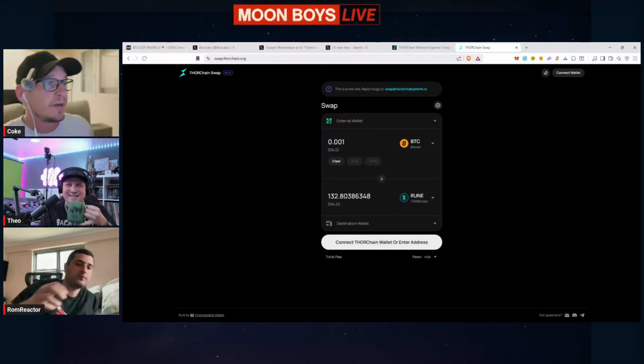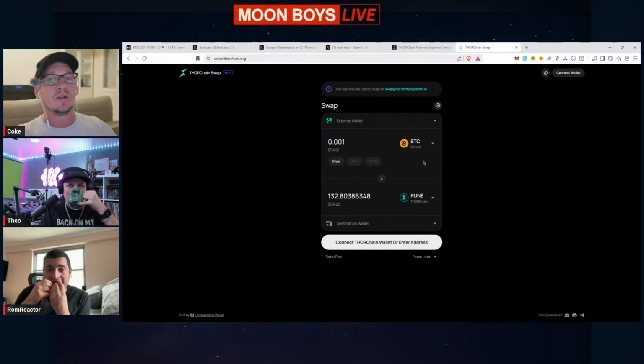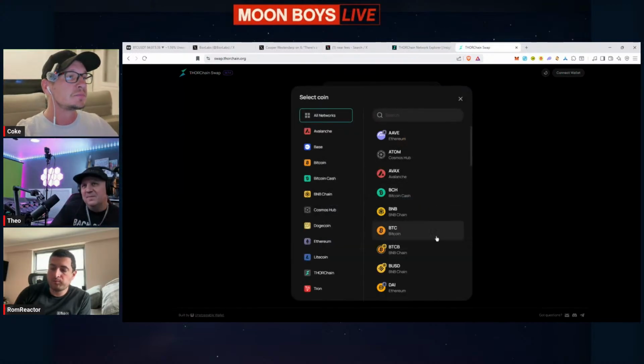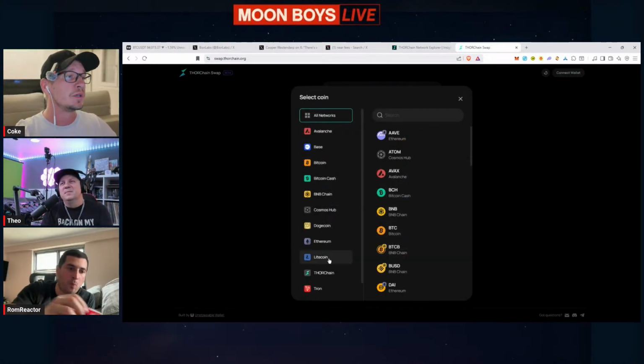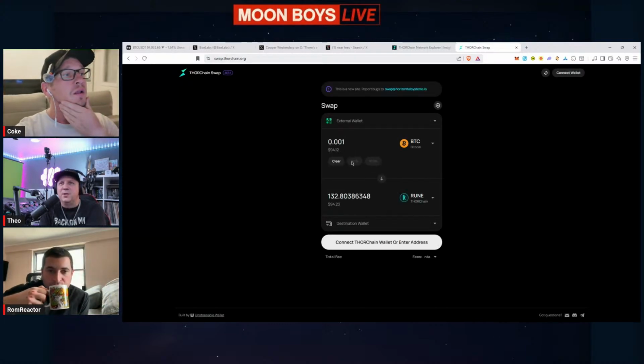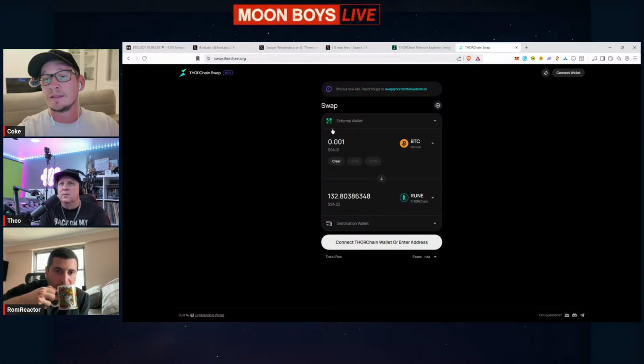So let's say you have some BTC, and you wanna go to Tether. And how does it work? It's simple. You just send it to a QR code. You will generate the QR code, and this QR code belongs to ThorChain.